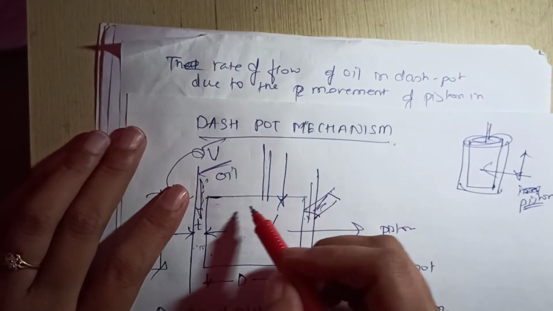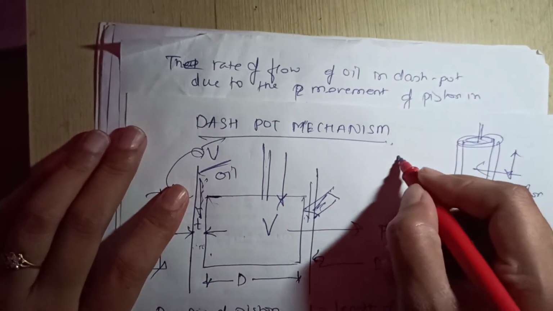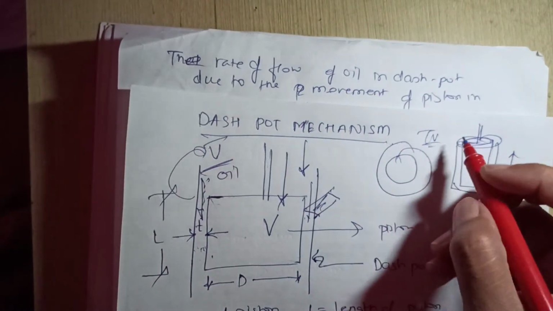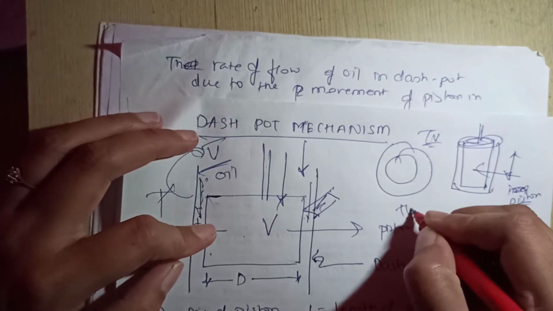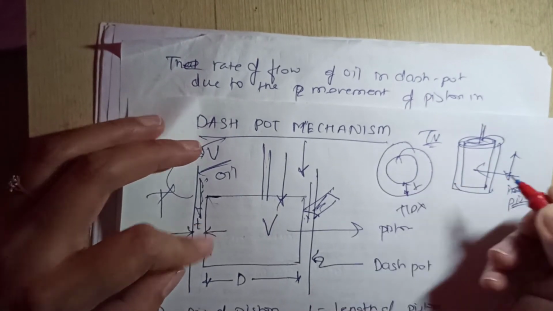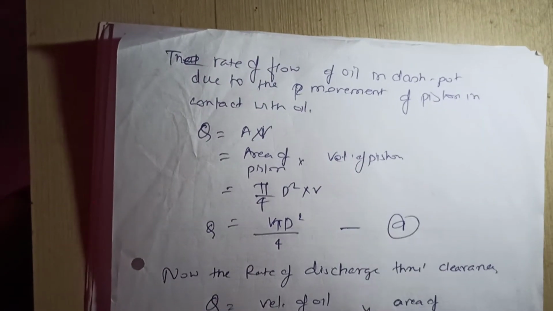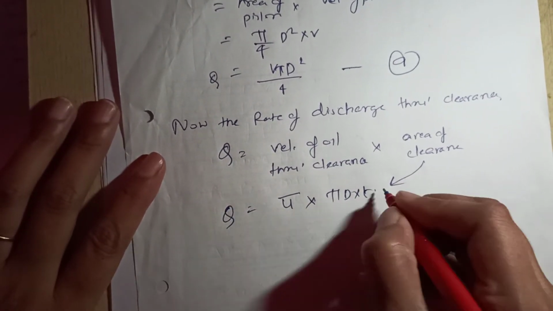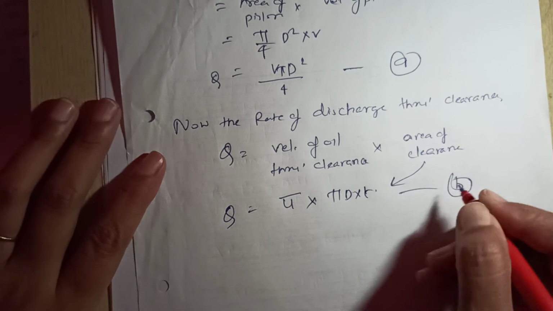As this is cylindrical in shape, the top view will look like this, so pi d is the circumference into the thickness t. So you get pi d into t as the area of the clearance. This is your equation B.